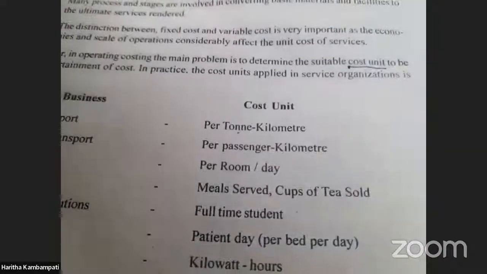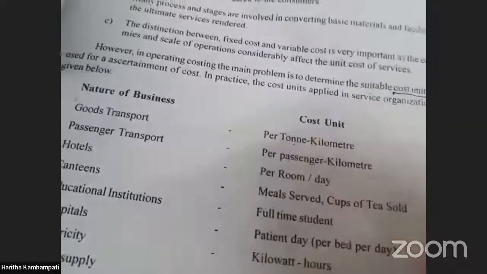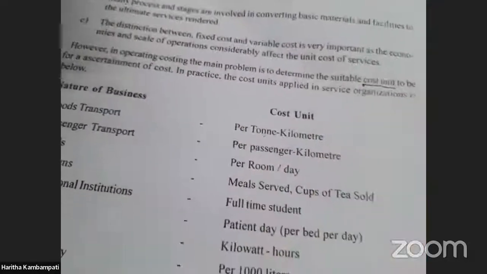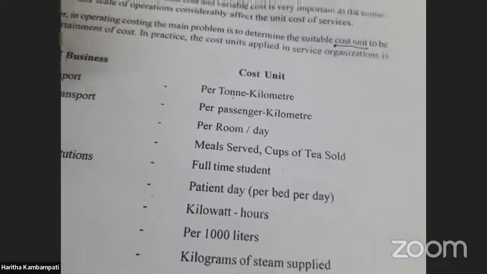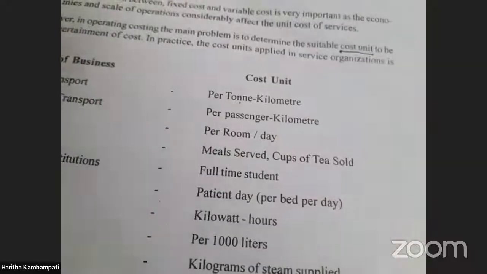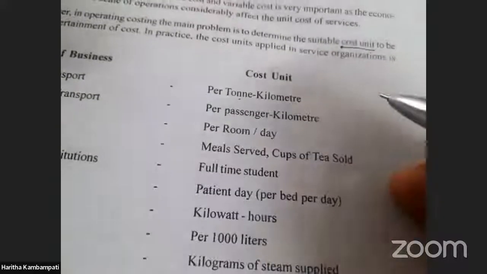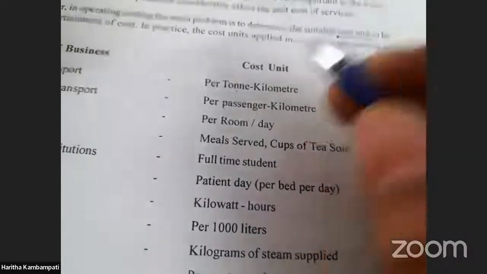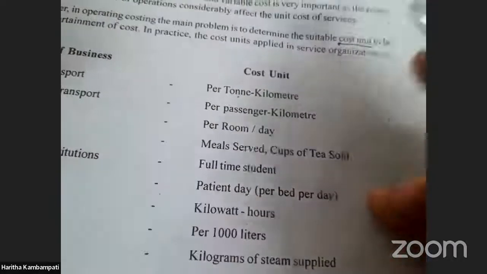In page 163, you may find this one. Means he will be providing data relating to a transport company or a hotel or a hospital. Based upon that, you should calculate cost per unit.